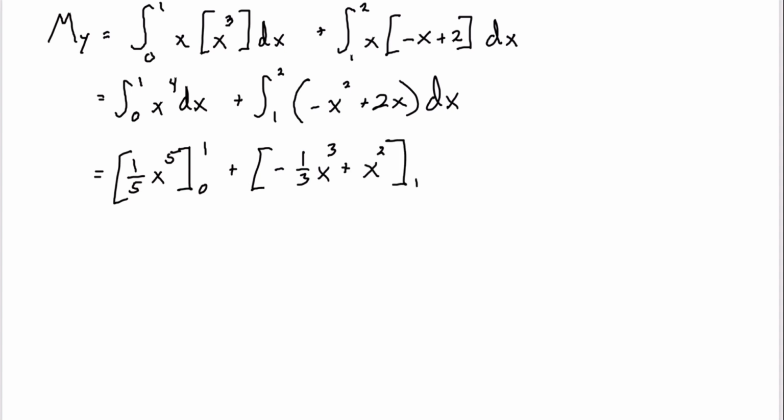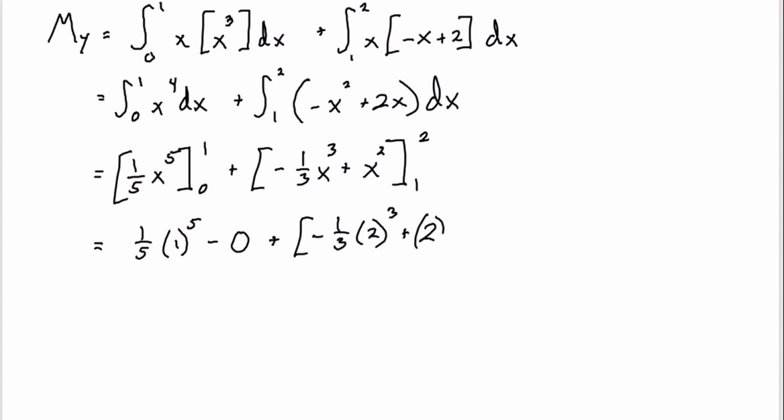And this we evaluate from 1 to 2. Plugging in the limits of integration, the first part we have 1/5 times 1 to the 5th minus, if we plug in 0, we just get 0. Then we'll plug in the upper limit, negative 1/3 2 to the 3rd plus 2 squared, minus negative 1/3, plug in 1 cubed plus 1 squared.